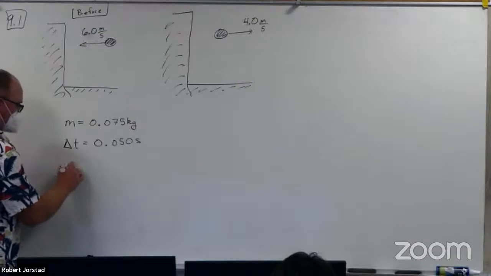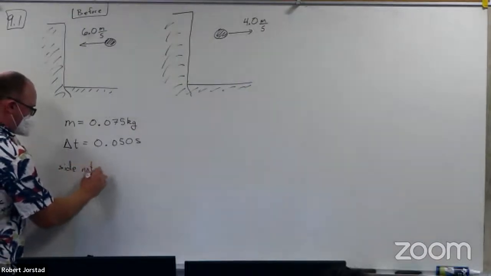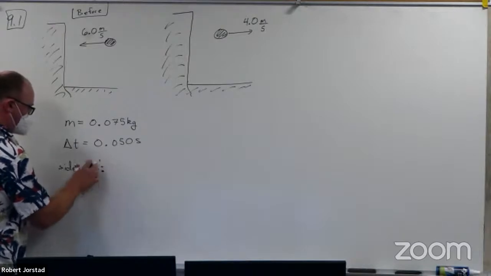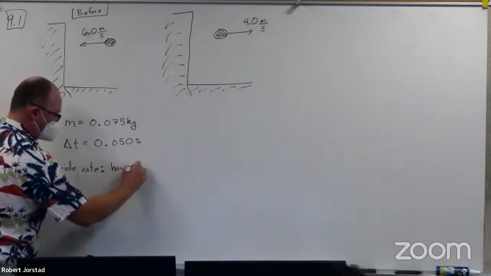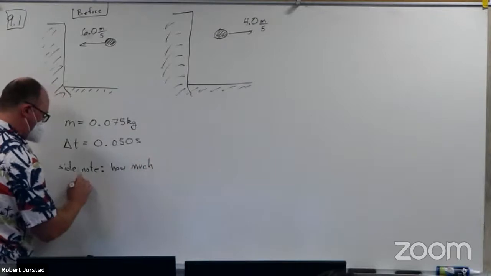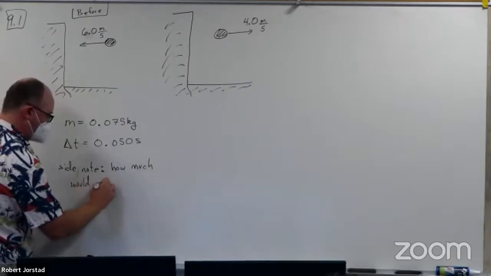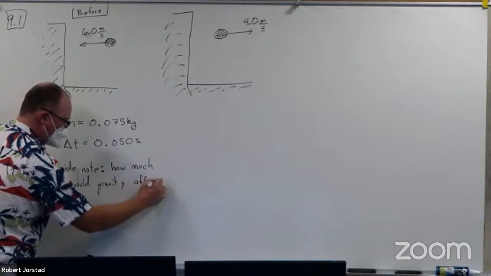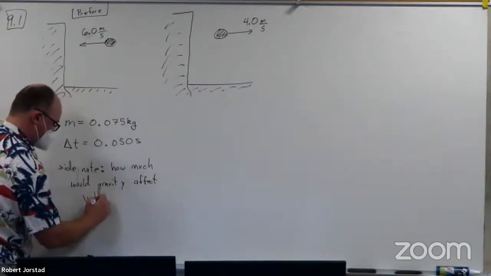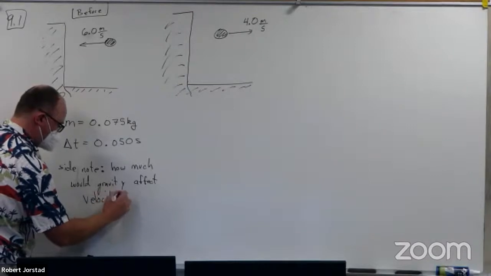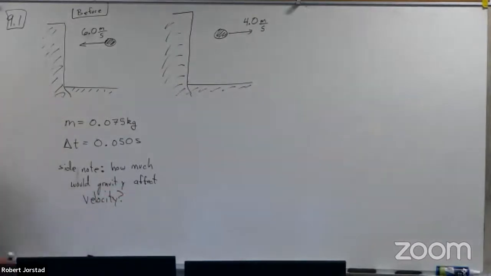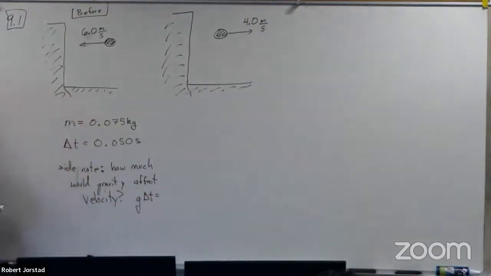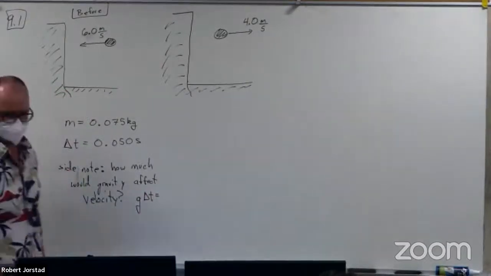Just a side note: how much would gravity affect the velocities? Well, let's just do g times delta t. What's 9.8 times 0.05? Punch it in real quick.